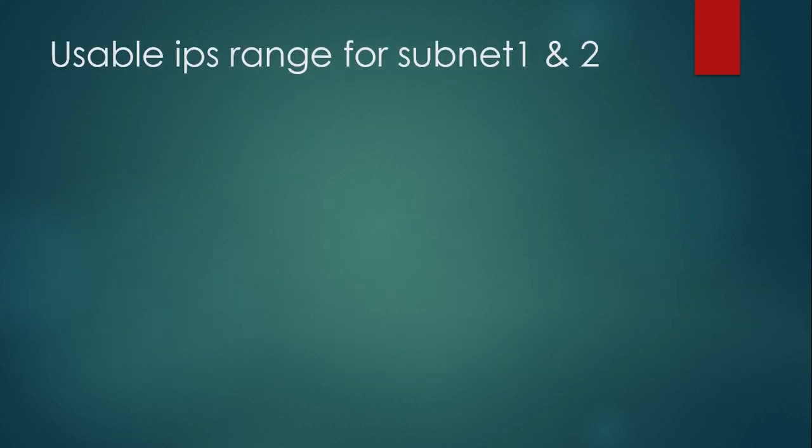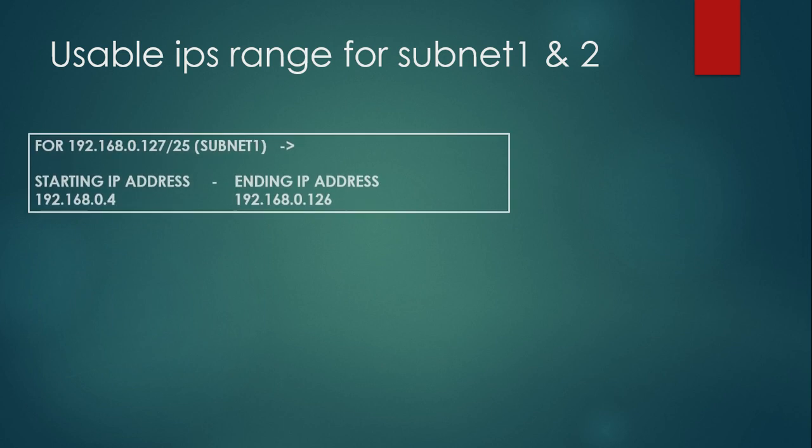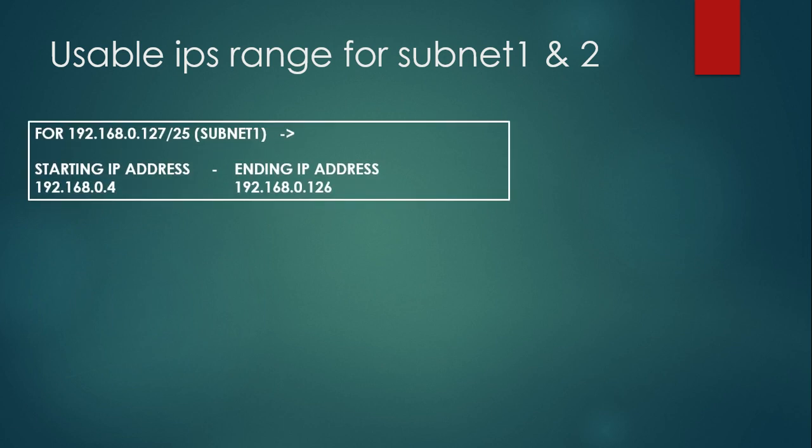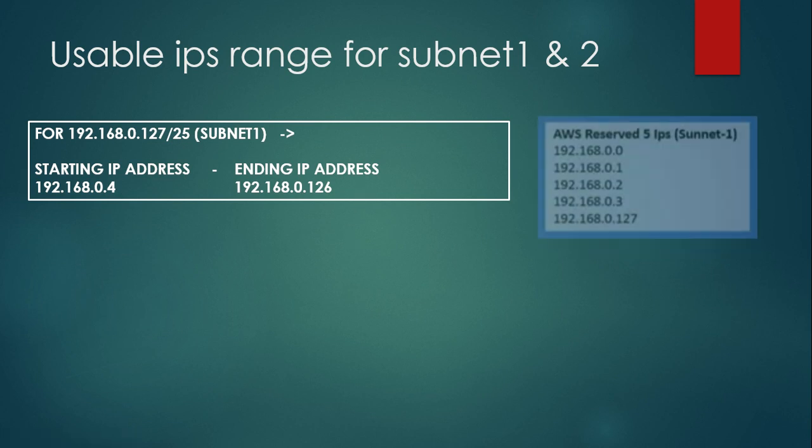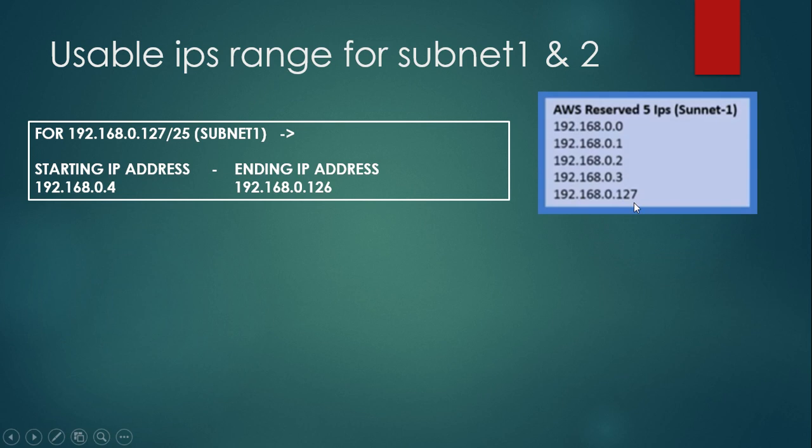Using the IP range for subnet 1 and 2, the first three addresses are allocated for AWS, and the last IP address is also allocated as the broadcast address. That's the reason the available IP addresses are 192.168.0.4 to 192.168.0.126. So these 5 addresses are reserved for AWS.